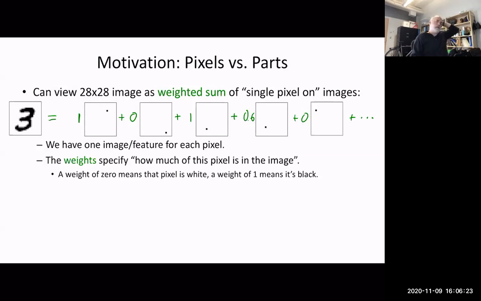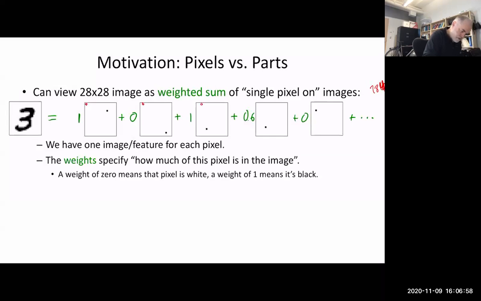And to get there, let's think about what one of these high dimensional objects is, right? We can look at this 28 by 28 image as, for instance, a weighted sum of 784 individual pixels, black pixels. So we have 784 images, just black pixels in each of the locations.